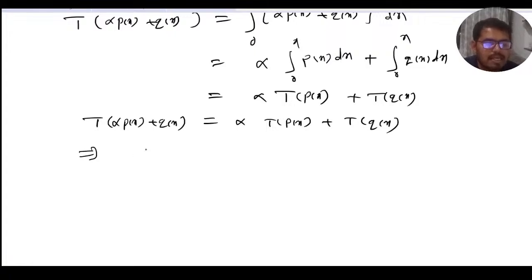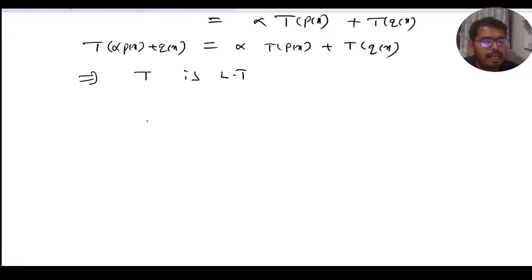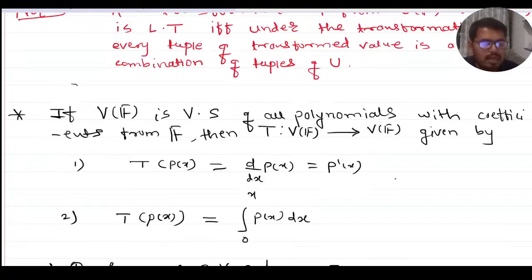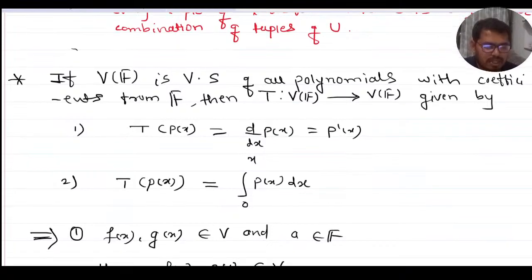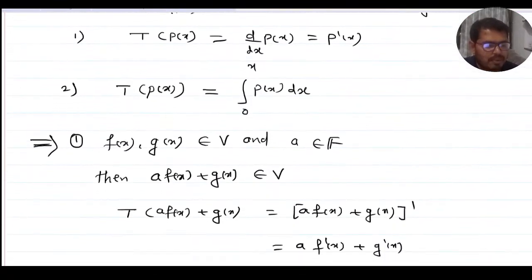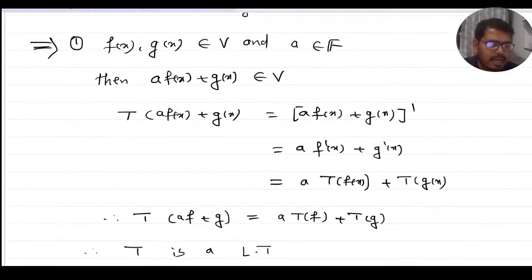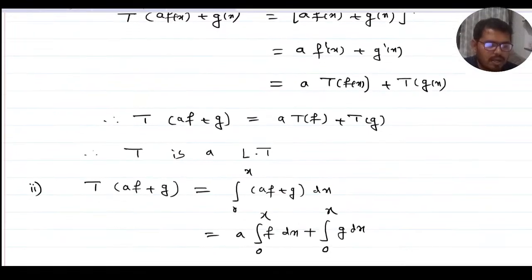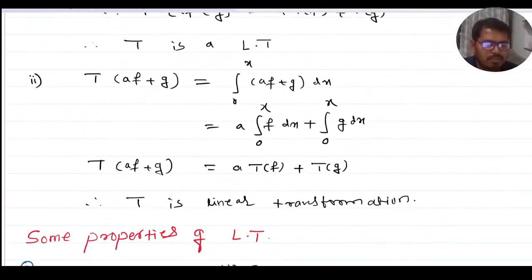This implies that T is a linear transformation. Here T is integration, and that is also a linear transformation. Both derivative and integration operators are always linear transformations. Their proof is given here.